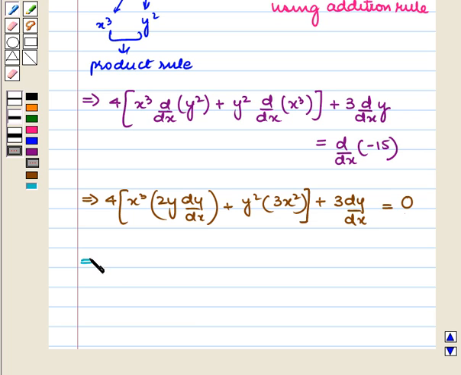This implies 8x cube y dy by dx plus 12x square y square plus 3 dy by dx is equal to 0.